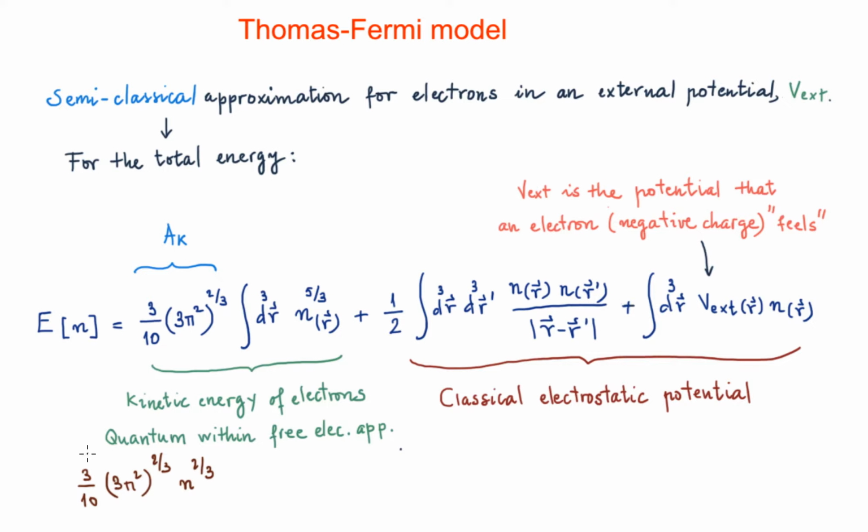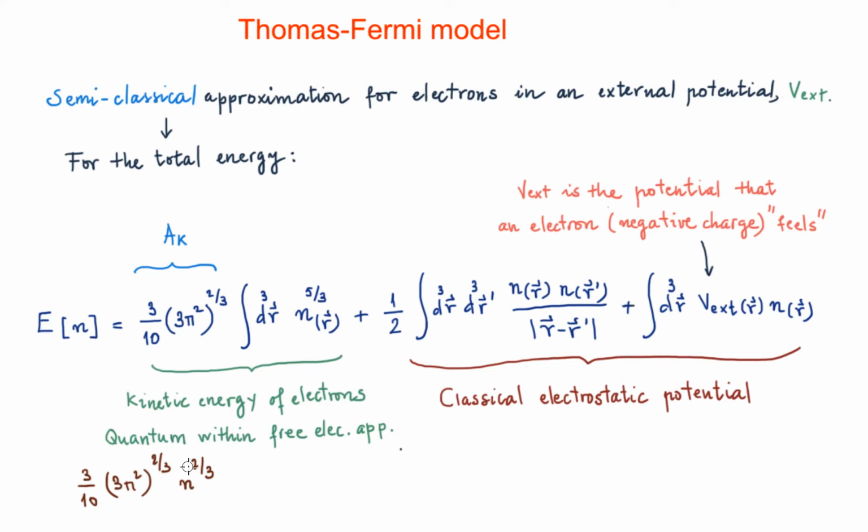And we want to derive the total energy of the system, not per electron. So we are going to do the following. We are going to multiply that expression by the total number of electrons we have per unit volume, which is n.